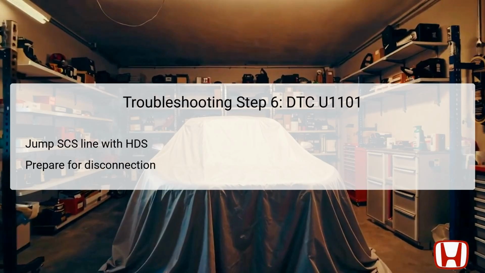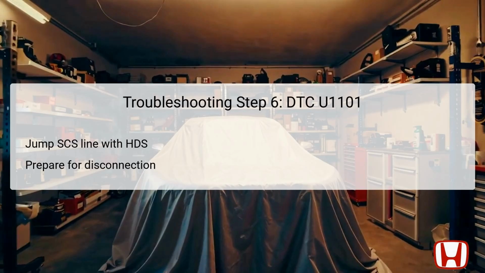The following step entails jumping the SCS line with the HDS. The SCS, or the Security Command System, is utilized during troubleshooting to bypass the vehicle's security features temporarily, allowing for comprehensive diagnostics without triggering alarms or other security-related interruptions.